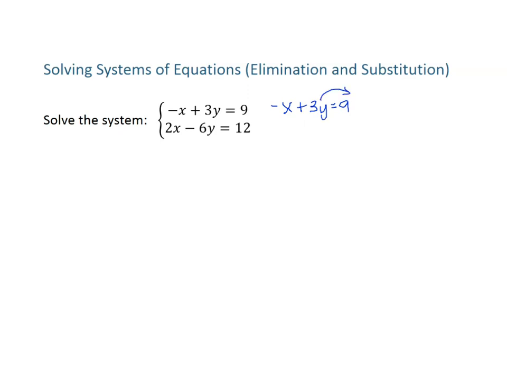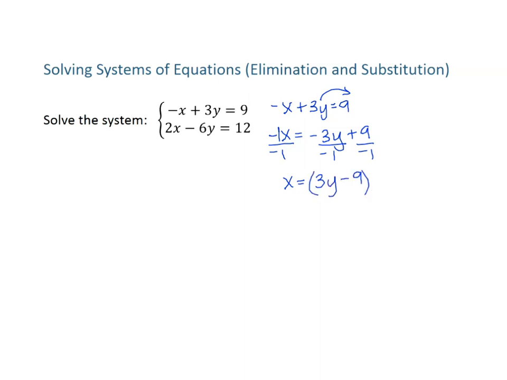So that means this has to move over to the other side. And then I still don't have x by itself because it's got a -1 out in front. So I have to divide everything by -1. And I get x equals 3y minus 9.